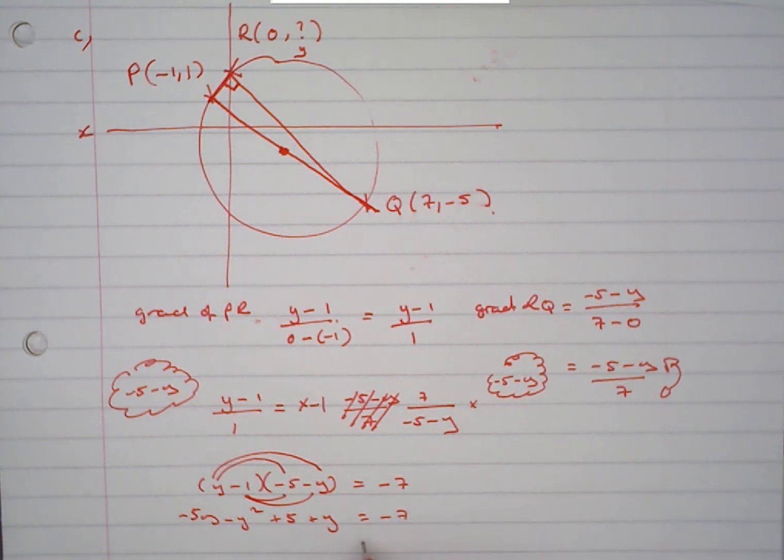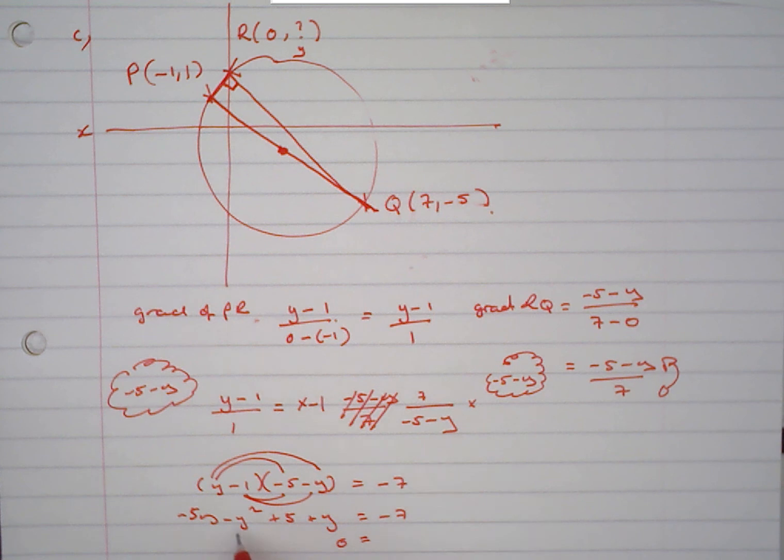Then to make sure that the quadratic stays positive, I'm going to move the y squared over to here. Here I'm going to get 5 coming over to give me minus 12. And I've got minus 5y and plus y, which is minus 4y, and minus 4y comes over to give me plus 4y here.